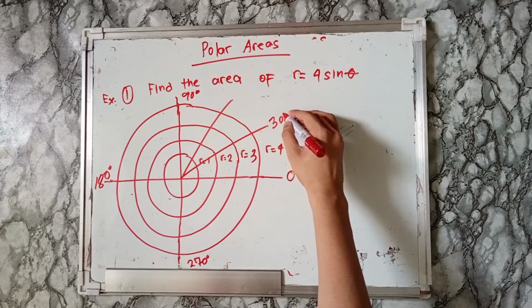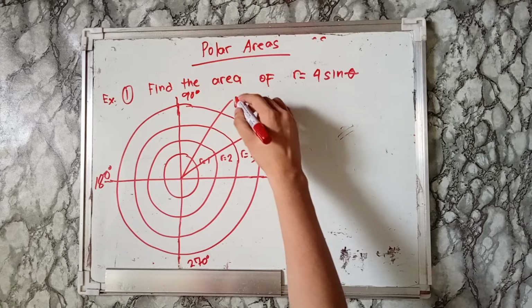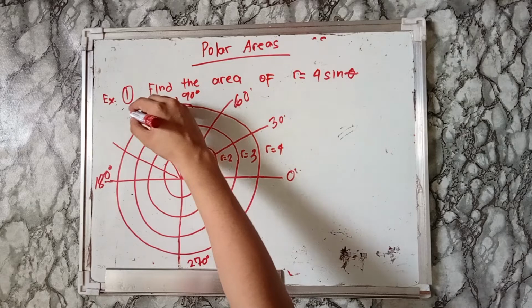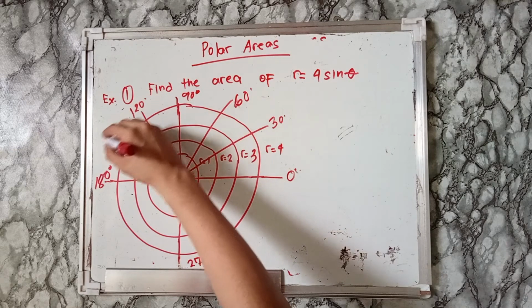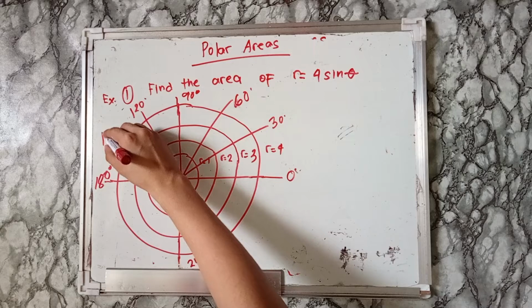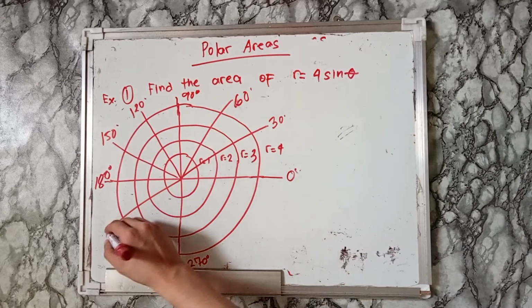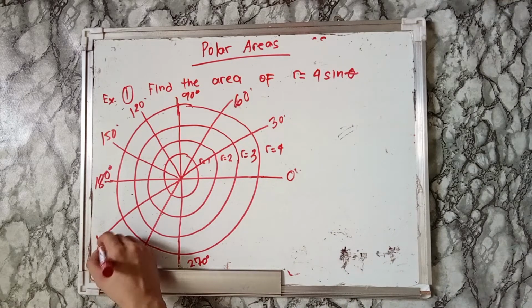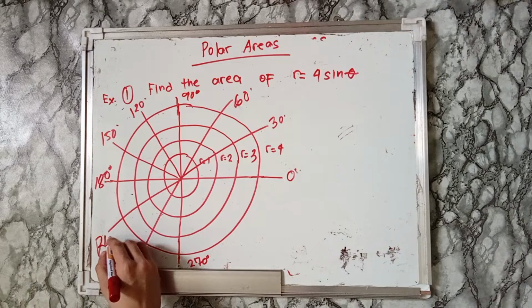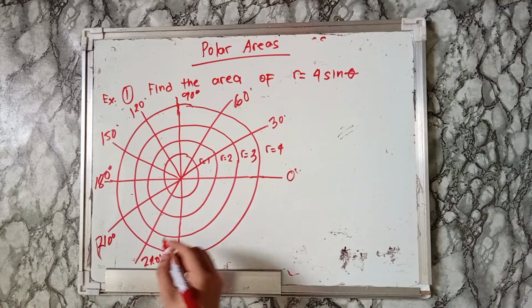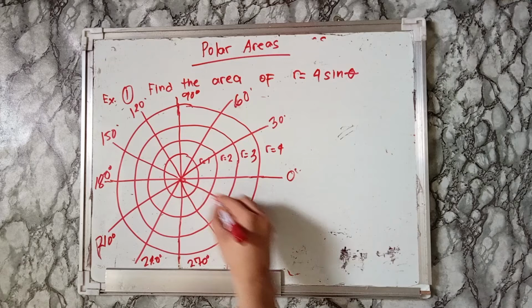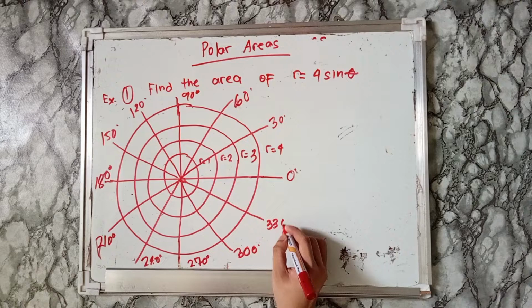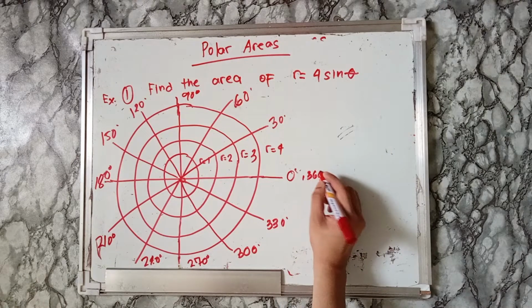This is 30, 60, this is 120, this is 150, this is 210, 240, this is 300 degrees, 330, and of course 360.